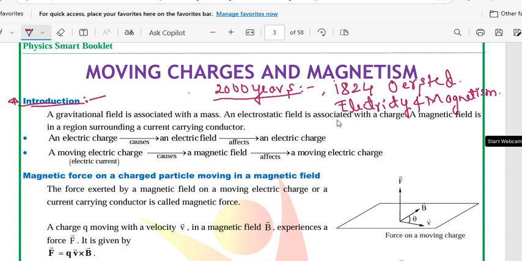So let me explain some of the concepts related to what Oersted did, an experiment on electricity as well as on magnetism. Let us discuss one by one. This is just a deep introduction part about moving charges and magnetism. Oersted is one of the scientists who derived the relationship between electricity and magnetism.